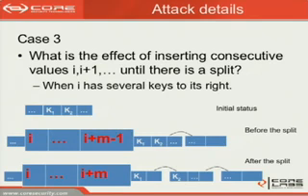Finally, when there are several keys to the right of I, and you add the values, then all the keys but the first one are moved to the new node, and the first key, K1, is left in this node. So let's see how we can use these cases of node split to execute the attack.